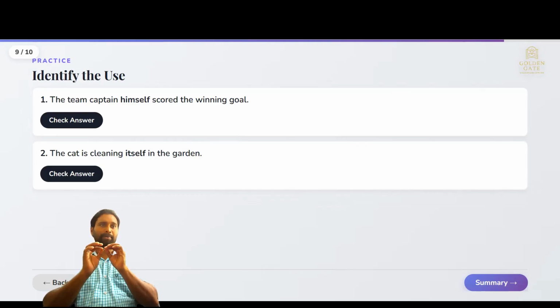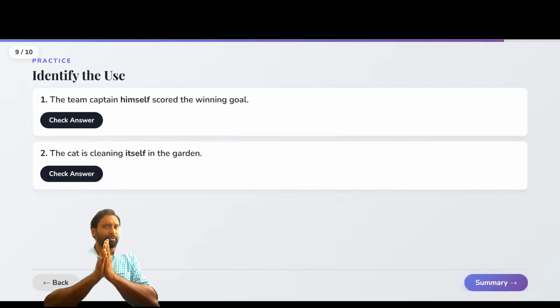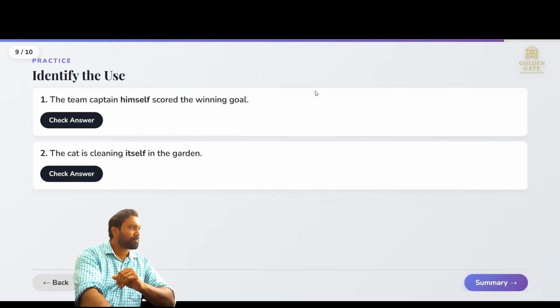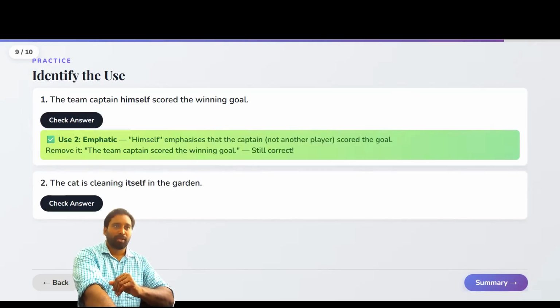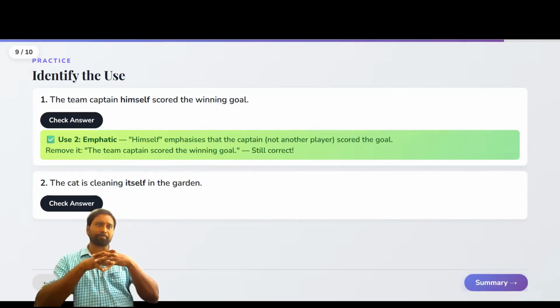The team captain scored the winning goal. What's the answer? This is for emphatic use, isn't it? Let's check the answer. Yes, correct. Now, let me explain.